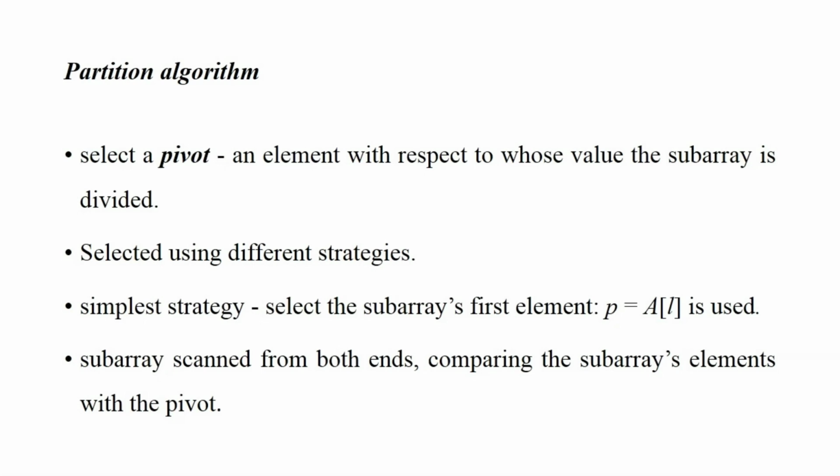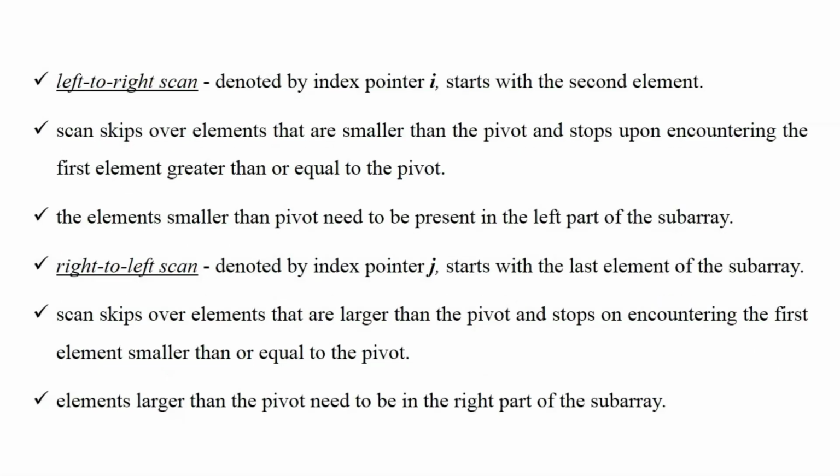Then we need to scan the subarray from both ends, the left direction as well as the right direction, and compare the elements of the subarray with the pivot element. For the left to right scan, we are using the index pointer I. It starts from the second element. The scan skips over elements that are smaller than the pivot. So you keep scanning the elements that are pointed to by the index I, provided these elements are smaller than the pivot element that you have chosen.